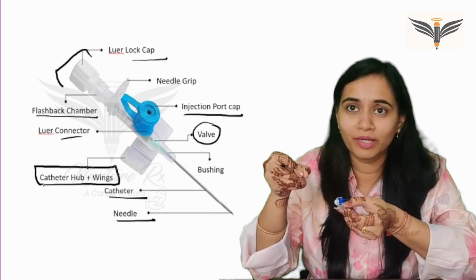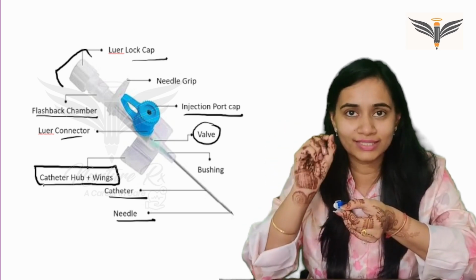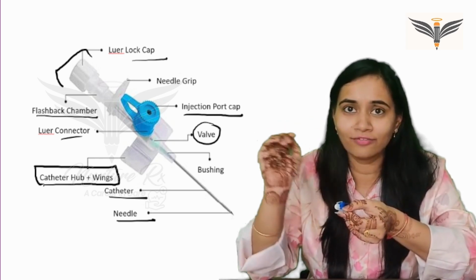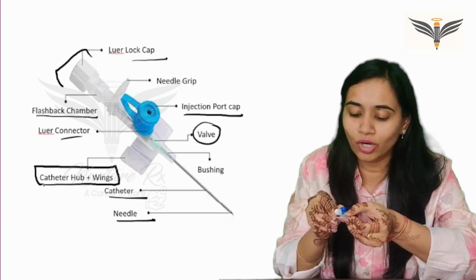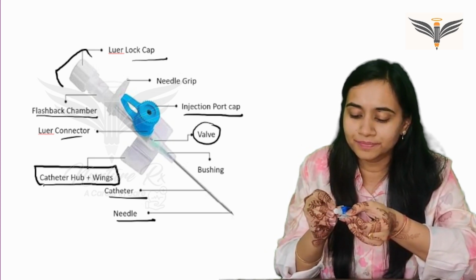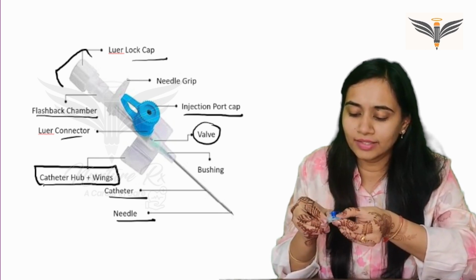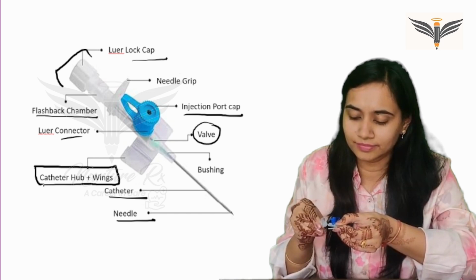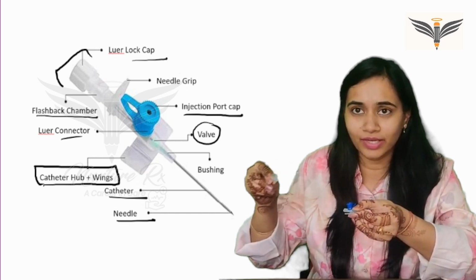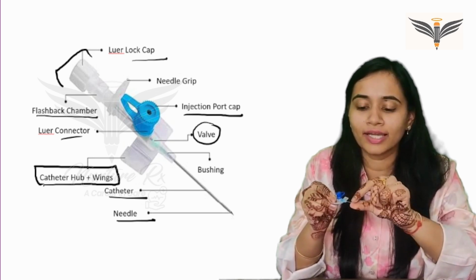It helps you puncture through your skin and through your vein so that the catheter can go inside and situate itself in the vein. Once it has entered the vein, you remove the needle. Okay, this way your needle is removed and what remains inside is your cannula.